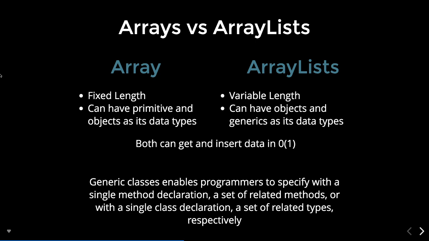What will happen in generics is actually you will create one method for sorting both the integer array and the string array. So the class will actually adapt to what the specified data type will be. So it will only need one method and it will sort for both integer array and the string array.